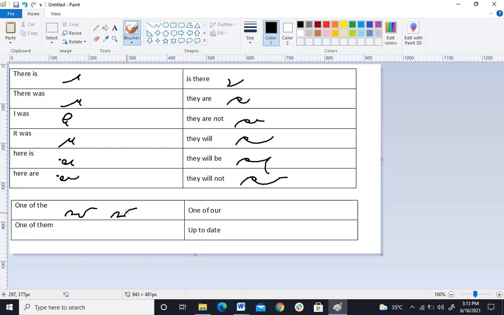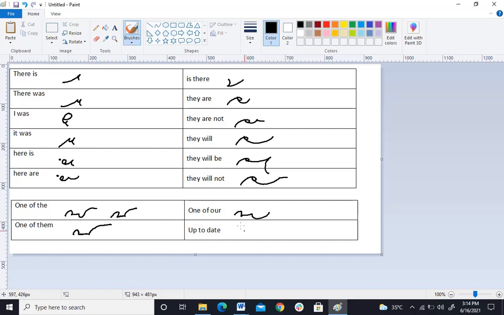Parang naging mas brief form na phrase. 'Di ba? And then yung ating one of our, magiging one our. And then one of them.